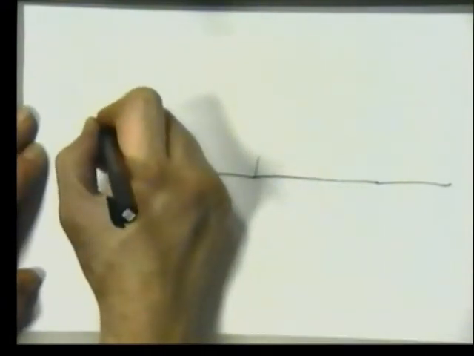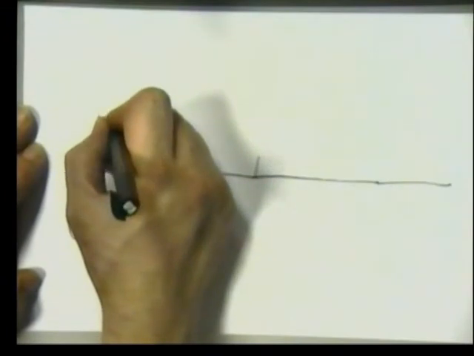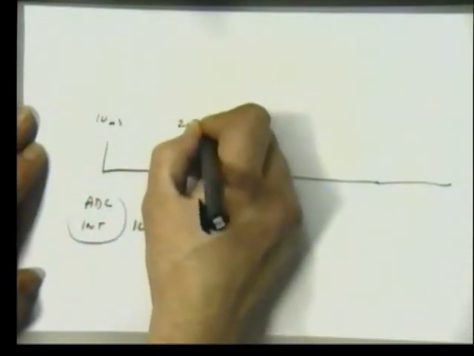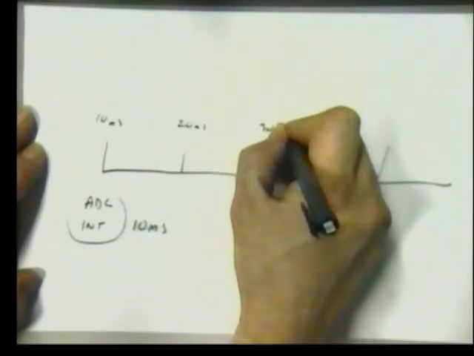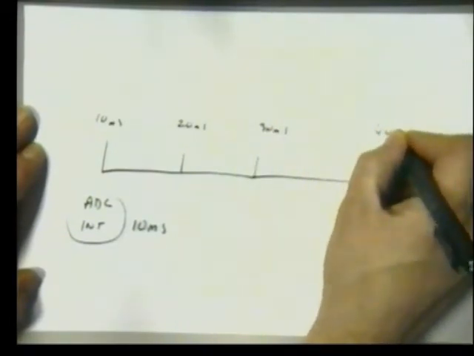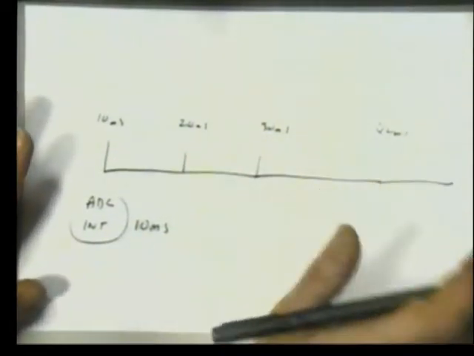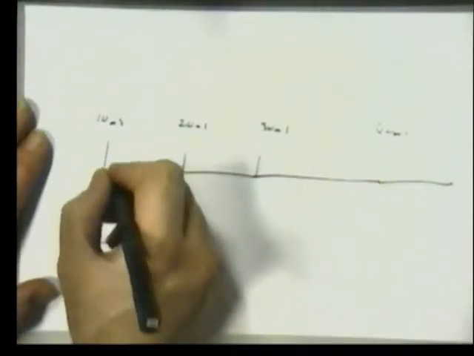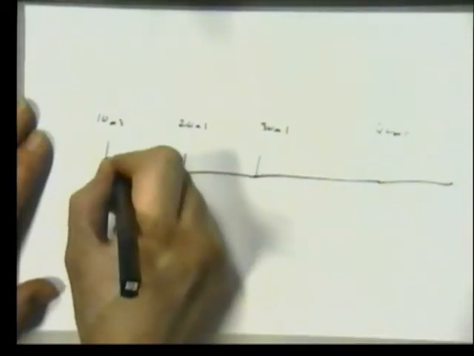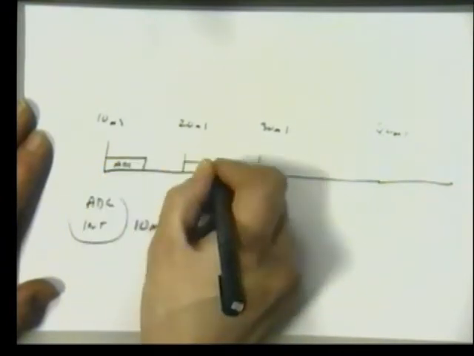So here we have an interrupt at 10 milliseconds, 20 milliseconds, 30 milliseconds, 40 milliseconds. That's going to happen every time. You must sample the data at regular intervals. So let's put in our little ADC routine.